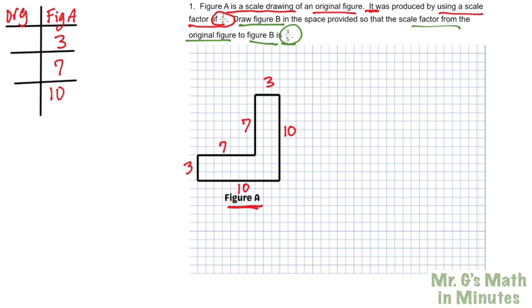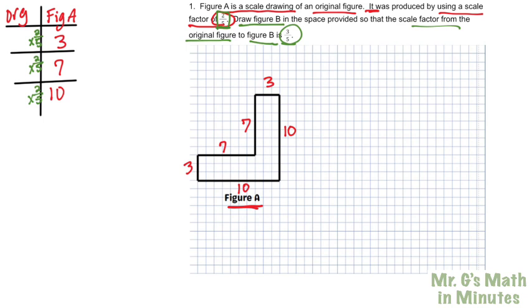Also from this work, they tell us that the scale factor to go from the original to figure A was 2/5. So some number that we don't know yet in the original was multiplied by 2/5 and they got 3. Some number times 2/5 gave them a 7, and some number times 2/5 gave them 10.